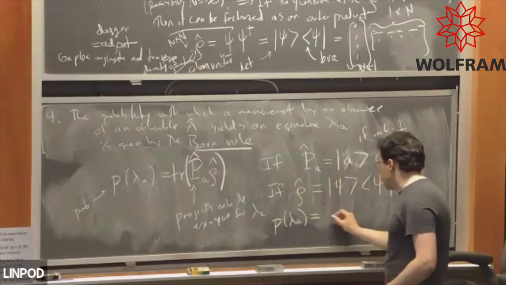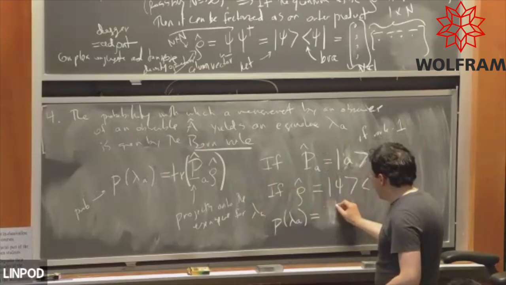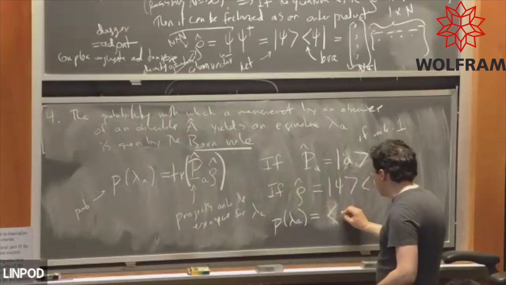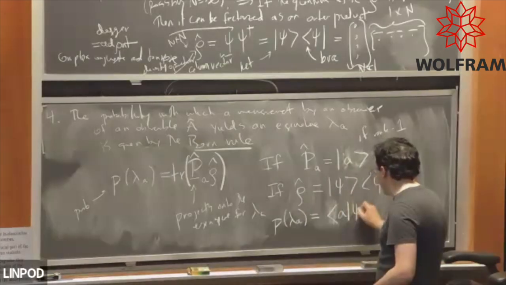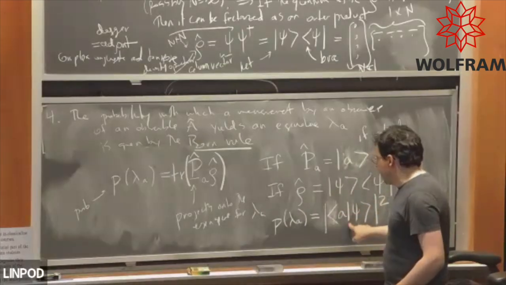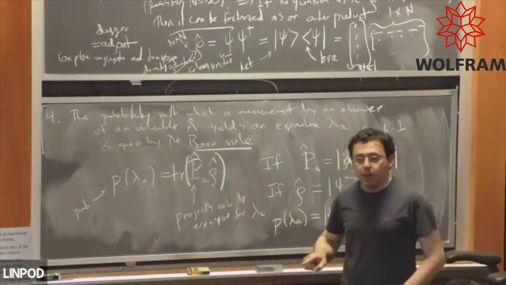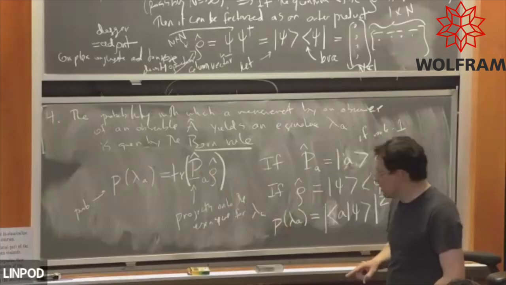And it just looks like you take the inner product, this is the bracket of A with psi, and you take the modulus and you square it. And it turns out this formula is just what this formula reduces to. And this says how we get probabilities for measurement outcomes in quantum mechanics.